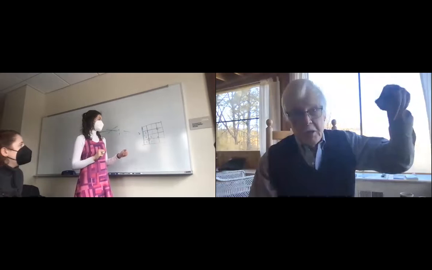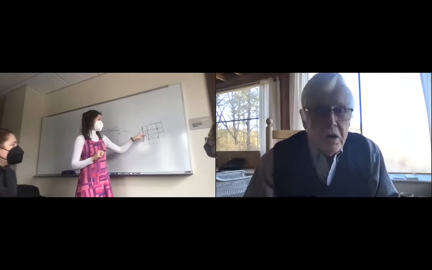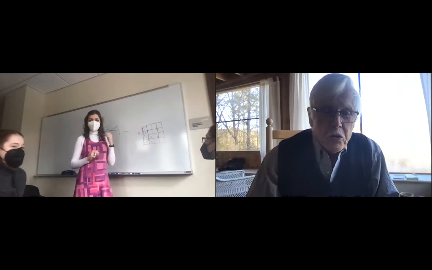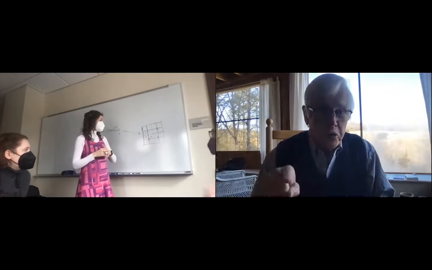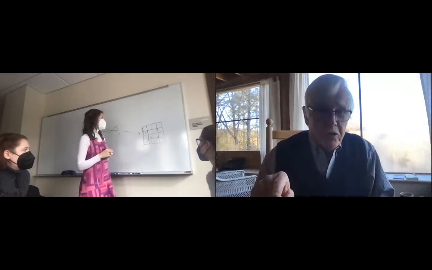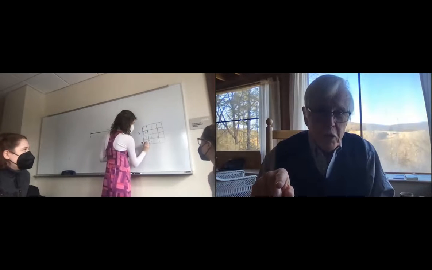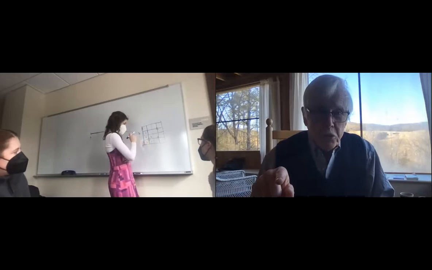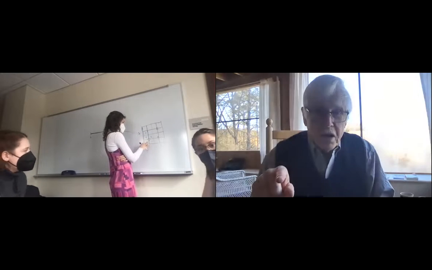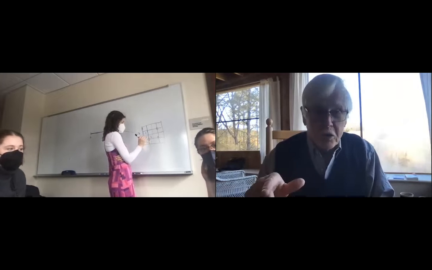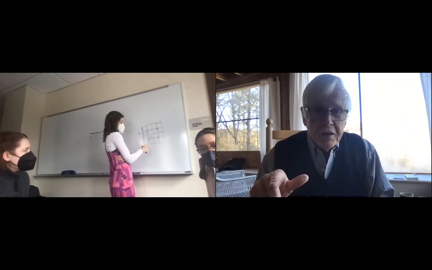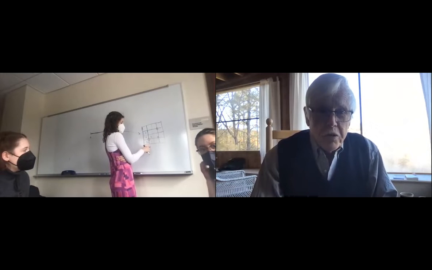Actually, the square that you labeled 0 is really labeled 0, 0, where the first 0 represents the big square that Abby drew, and the second 0 represents the fact that it is the 0th square of the 0th square. So the one that you labeled 1 should be 0, 1, then 0, 2, and then 0, 3.